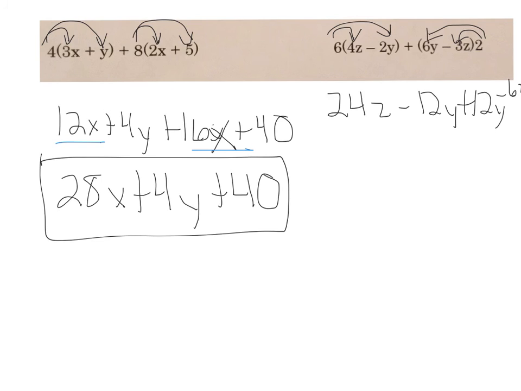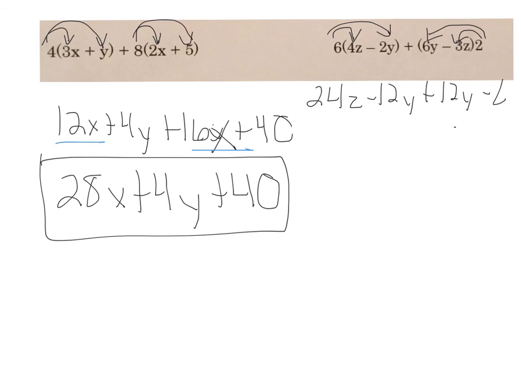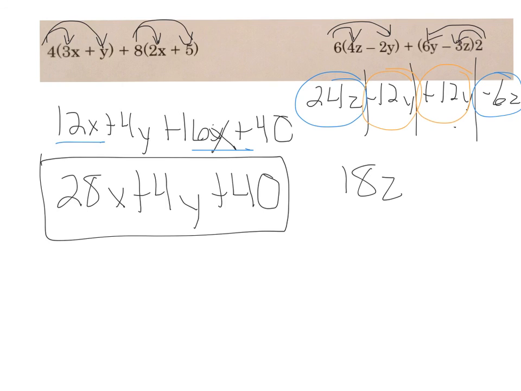Okay, actually, I'll make it neater. 24z minus 12y plus 12y minus 6z. There we go. So once again, breaking this up so we can look at them separately. So I see 24z minus 6z would give me 18z. And then I have 12y minus 12y, which is 0, so 18z would be my final answer.